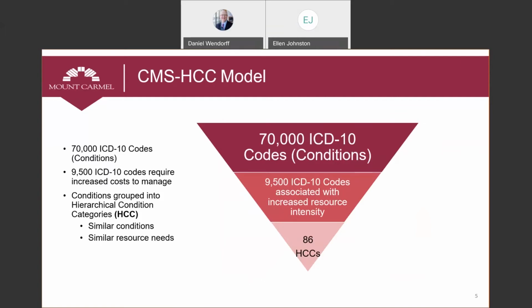An HCC is a group of chronic condition diagnoses that are clinically similar and have been determined to have a similar effect on resource utilization, what is called their weight. These weights are what calculate the clinical portion of a patient's risk score. There are 86 HCCs that are included in the 2020 risk adjustment model.